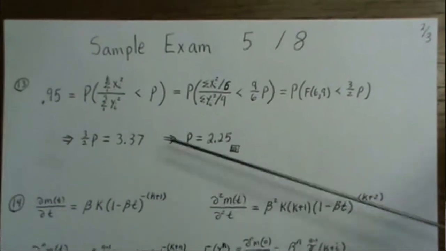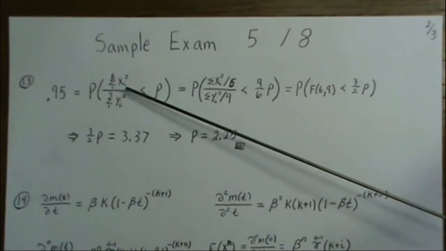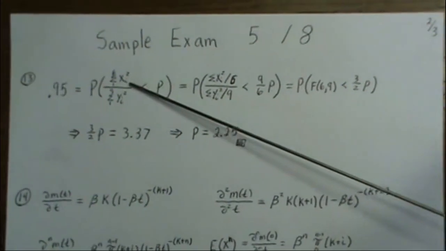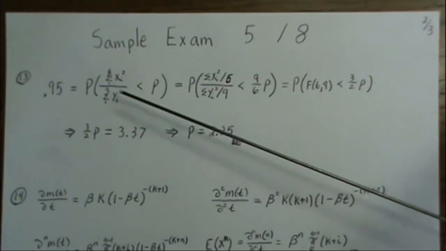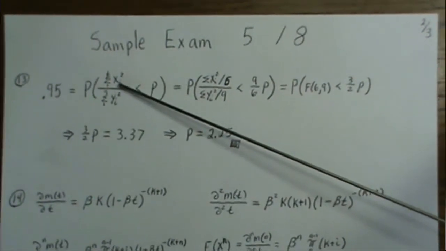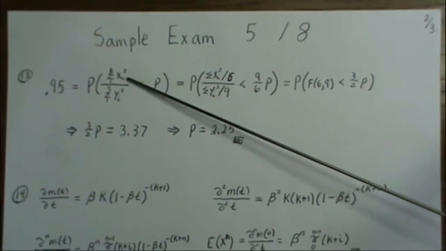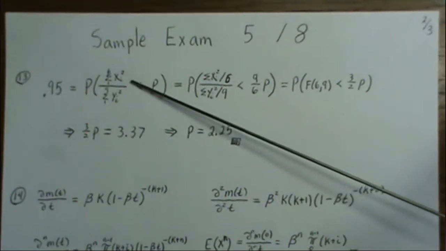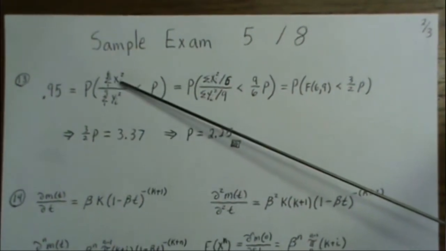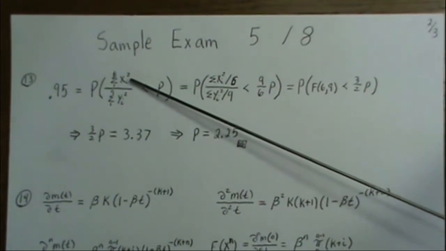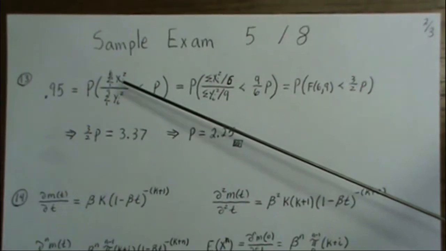And now one point of confusion is, why is it sometimes we divide by n minus 1 and sometimes we divide by n? Well, when you're taking Xi minus the sample mean quantity squared, then we have to divide by n minus 1 because of the degrees of freedom associated with n minus 1. Here we know the mean. The true mean is 0.